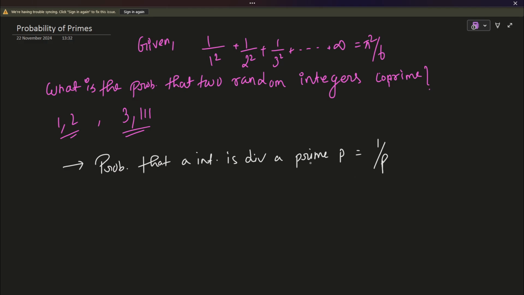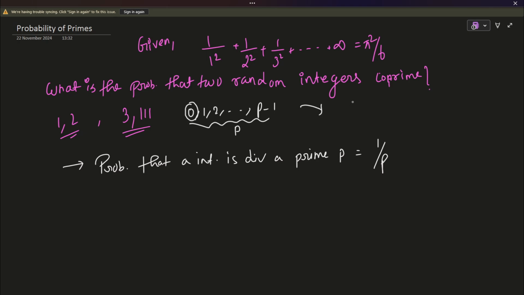This is because on division by p, the number leaves remainders 0, 1, 2, all the way up to p minus 1. These are p different remainders that any integer can leave when divided by a prime p. You can verify this. And we only want the integer to leave the remainder 0, because only in that case is the integer actually divisible by the prime.